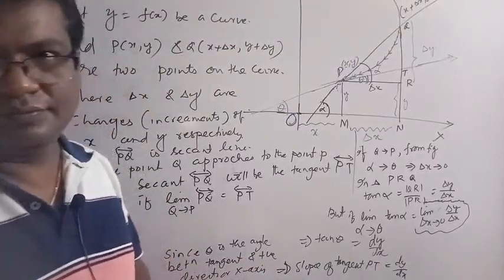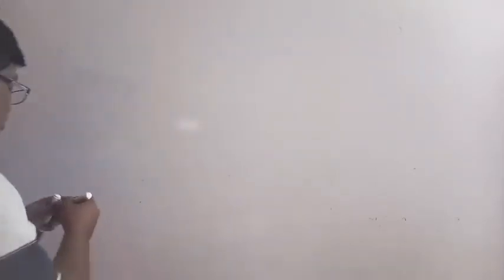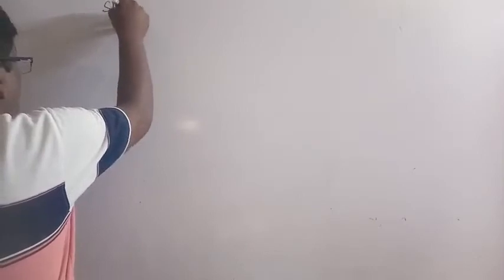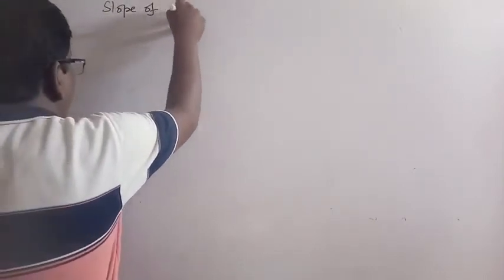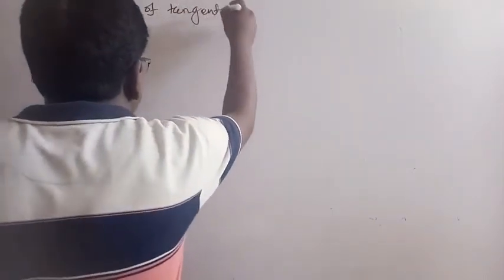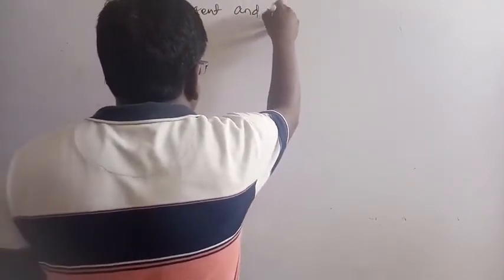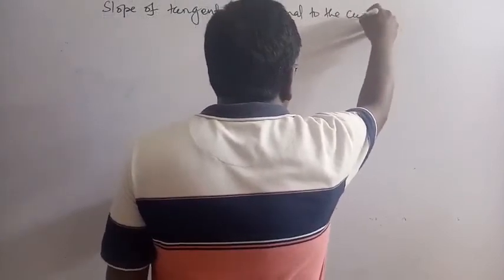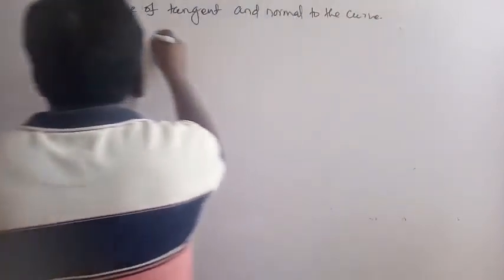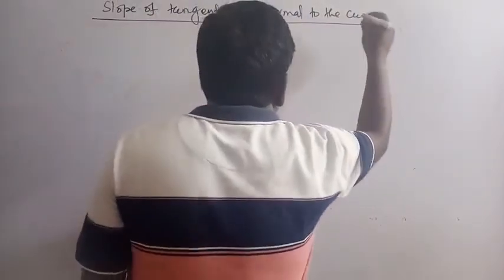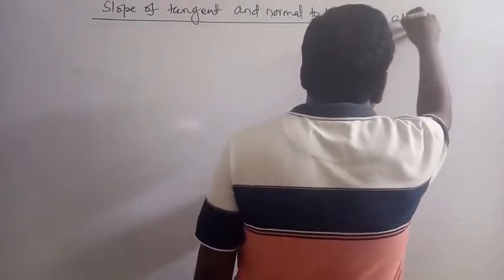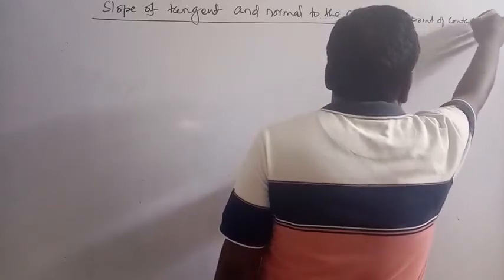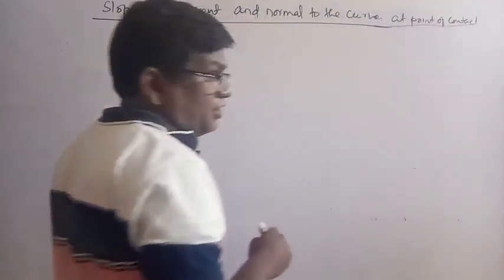Now, the slope of the tangent and normal to the curve at a particular point, at the point of contact.